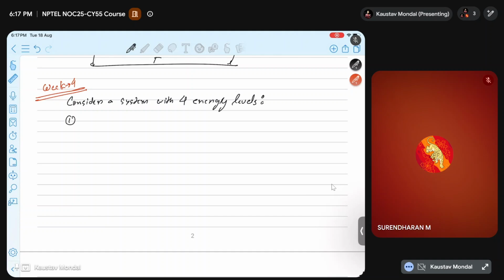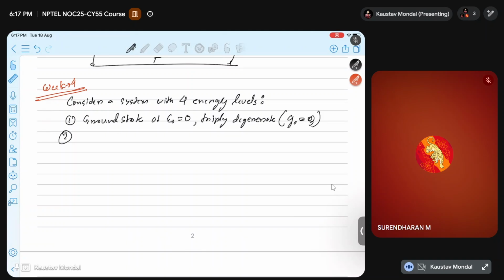The ground state has energy E0 equal to 0, and it's triply degenerate. So there is degeneracy associated with each of the energy levels. That means G0 is equal to 3.